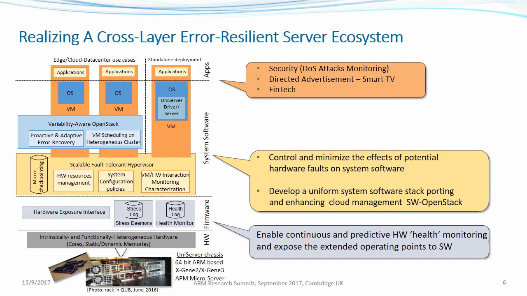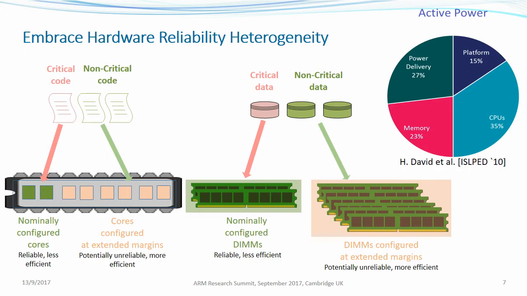Okay, but when you go away from nominal voltages, you risk getting some errors. So one of the jobs of system software is to control and minimize the effects of those errors. And then on top of that system software layer, there are applications. They can either be standalone or they can be virtualized, running within VMs, also maybe controlled by OpenStack.